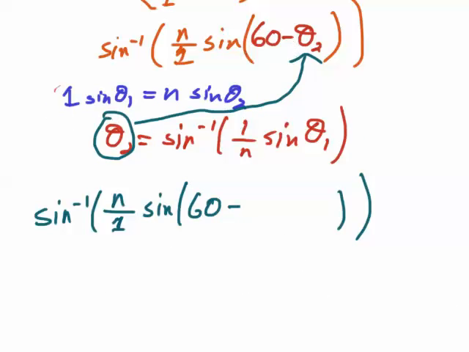So copying this down and plugging in right here, sine inverse of 1 over n sine theta 1. Wow, great. So that looks like a very uncomplicated formula, right? Let me make a massive assumption and simplification to this formula. We're going to assume a small angle.